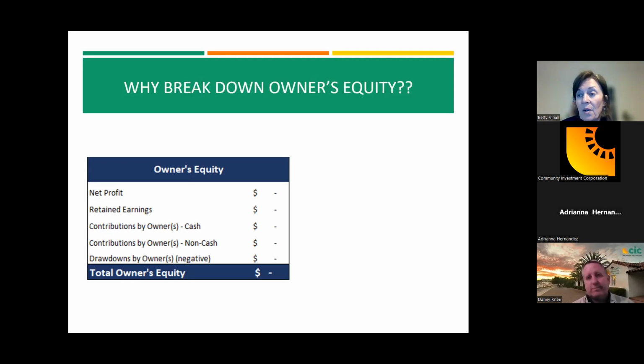The retained earnings gives you an idea of how profitable it has been over multiple years. Owner's contributions let you know how much money the owner has put into the business. And then the draw lets you know what the owner has taken out of the business. So it just gives you a clearer picture of your business and how it's operating.